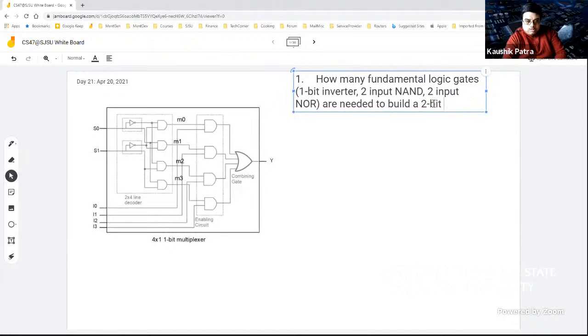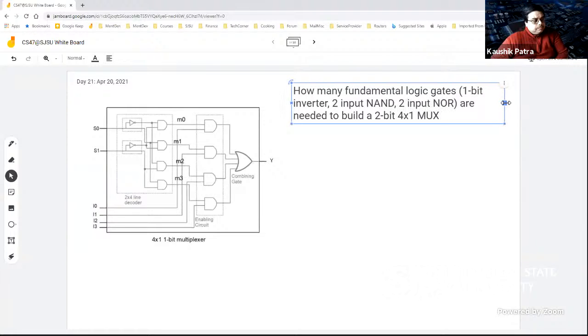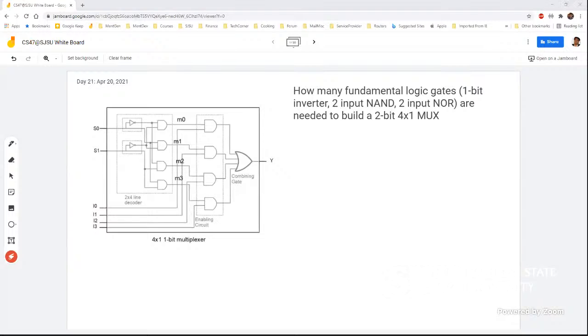2 bit 4 by 1 mux. So for the 1 bit multiplexer, I just want to count the fundamental gate count over here. What shall we get there?